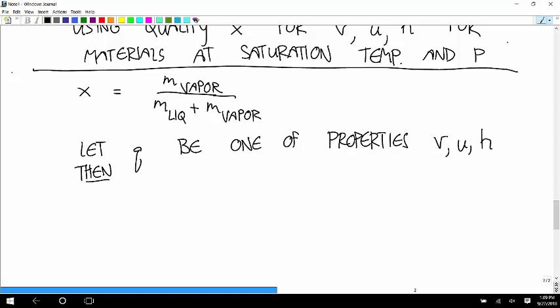Then the overall value of that property is equal to 1 minus the quality times the property value for liquid, which you can look up in the table, plus the quality times that property for the vapor.